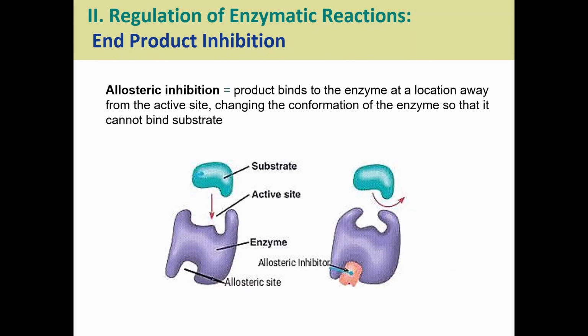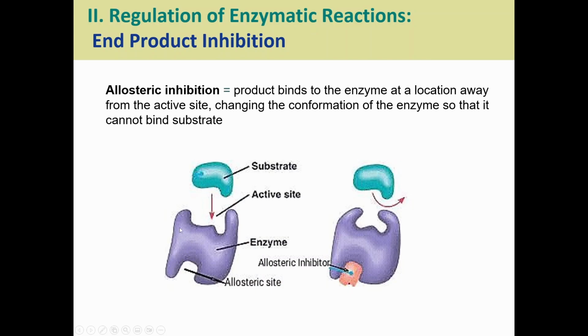So I mentioned allosteric inhibition and that the final product can serve as an allosteric inhibitor. But what does that actually mean? What is an allosteric inhibitor doing to an enzyme to stop it? So here we have our enzyme and we have the active site that the substrate works with. We also have this other one called the allosteric site. The allosteric site is where the inhibitor can bind.